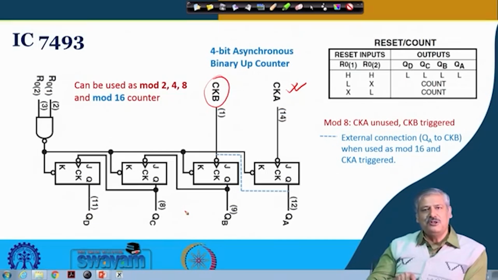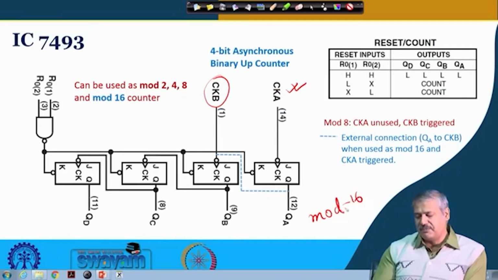That D will change for every negative edge of C, and one full cycle of it will occur for 8 plus 8, 16 cycles of the clock. So, it will become a mod 16 counter.